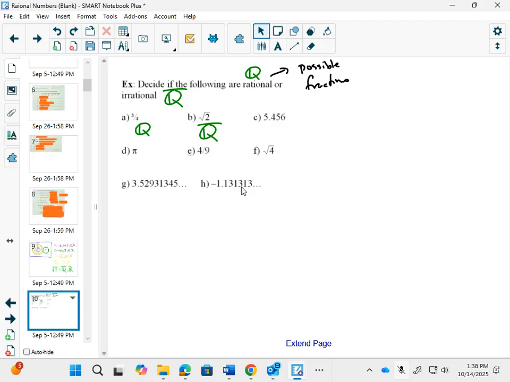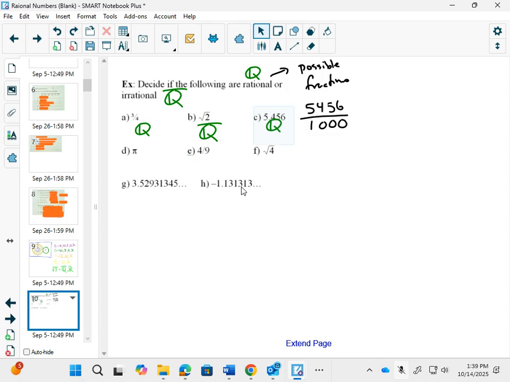Can you write 5.456 as a fraction? Or does it continue on forever? As a fraction, what number would I put on the bottom when I go to 3 decimal places? 1,000.